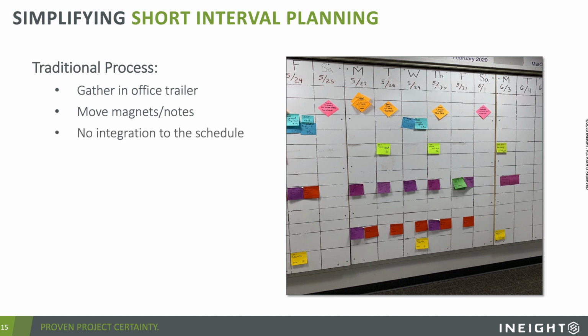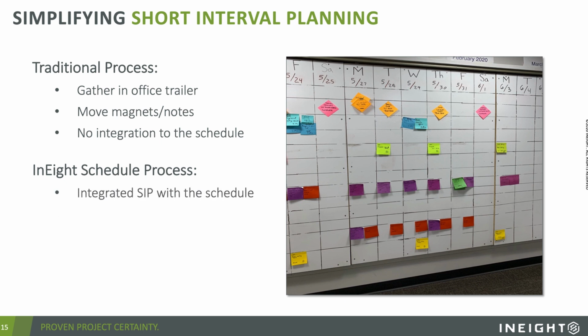The problem with that whiteboard is it has no integration to that CPM schedule. So you're not entirely sure if all those purple sticky notes are falling within the band that the CPM schedule offers.